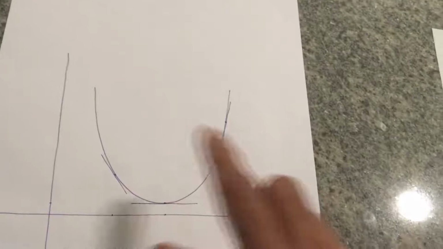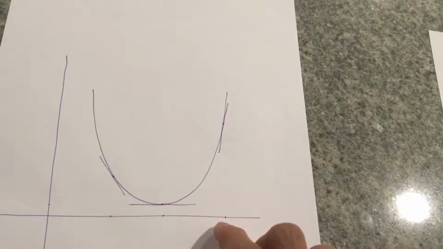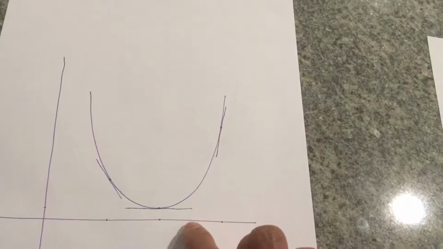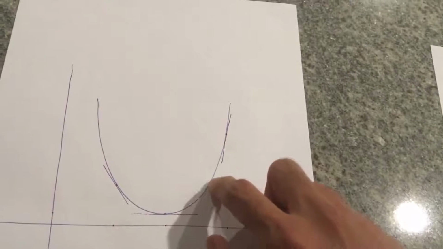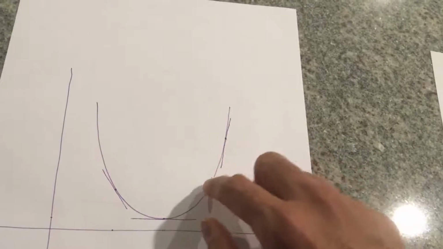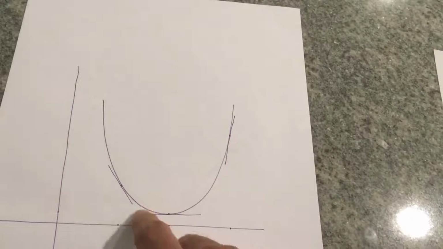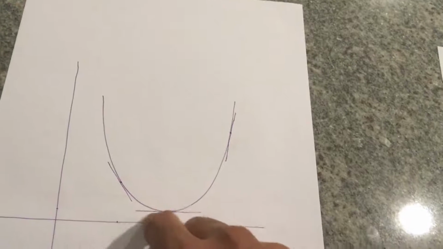So if we do this a lot of times, we are going to slowly, gradually converge to this W, because at every point on this side of the curve the slope of the tangent is positive, and at every point on this side of the curve the slope of the tangent is negative.